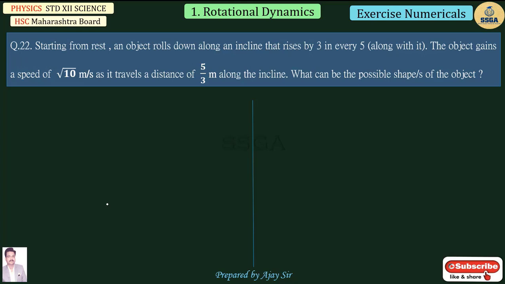Now here the object rolls down an inclined plane that rises by 3 in every 5, which means for traveling a distance of 5 meter, its height increases by 3 meter. So this is the meaning of rises. So what is given in the question? 3 in every 5 means traveling a distance of 5 meter, its height increases by 3 meter.